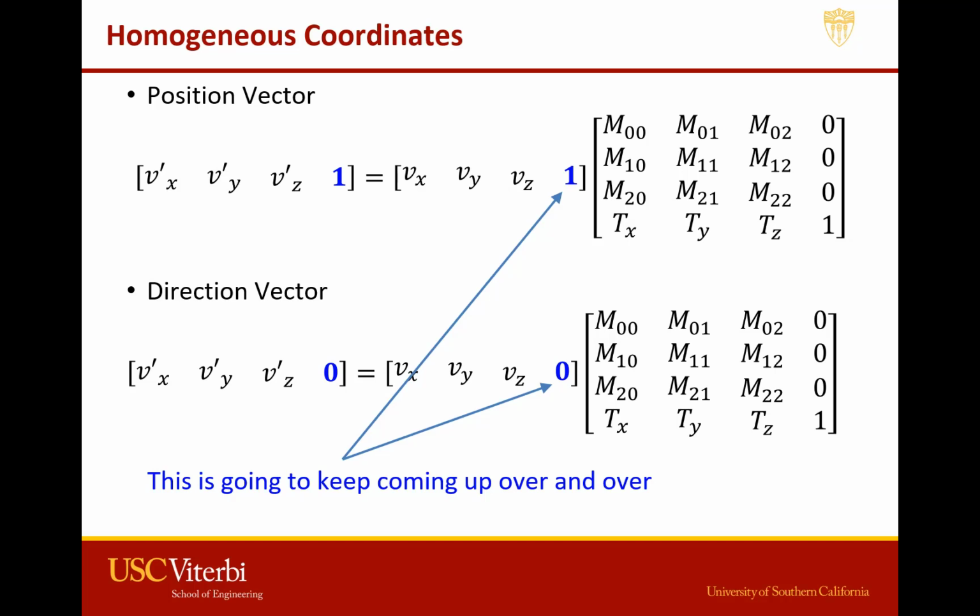The vertices are at a particular position. So the vertices need a 1 on here when they multiply by this matrix. The normals of a geometry, they are directions. They say which way does this thing point. They don't have any translation, and therefore for normals, we're going to put a 0. Okay.